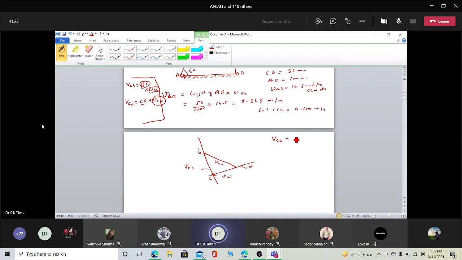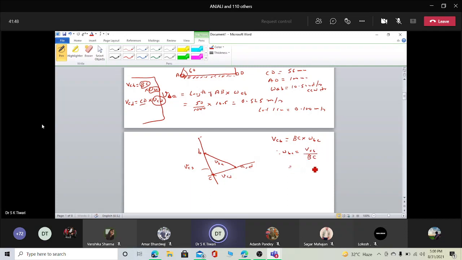You know that numerically it is equivalent to BC into omega BC. Therefore, what will be omega BC? Omega BC will be nothing but the velocity of C with respect to B, which this vector gave you, divided by the length. Just remember that this is in meters per second, so the length should also be in meters.